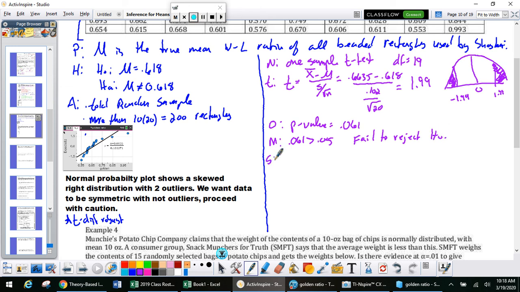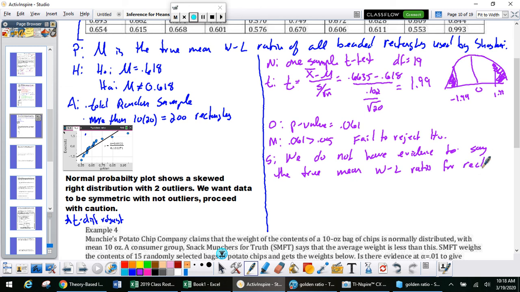In this case, we do not have evidence to say the true mean width to length ratio for the rectangles by the Shoshone Indians is different than 0.618. So I just can't say that it's different, okay? Remember, that's my HA that comes back there.